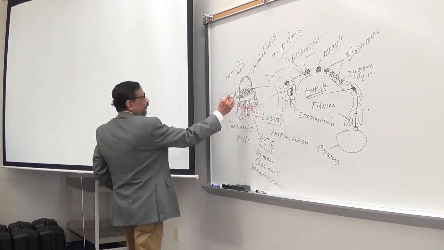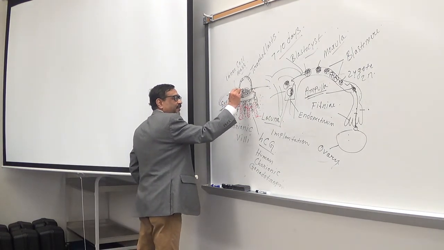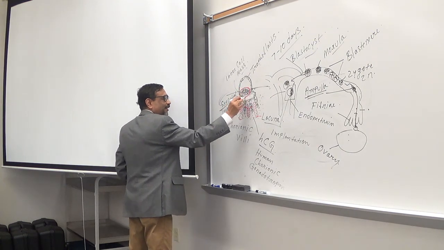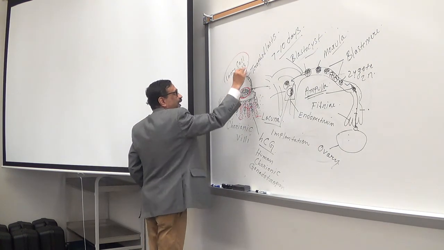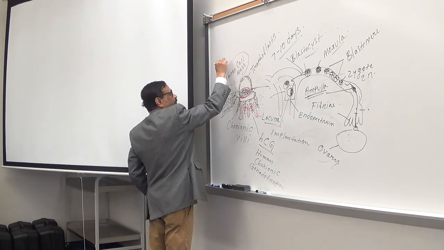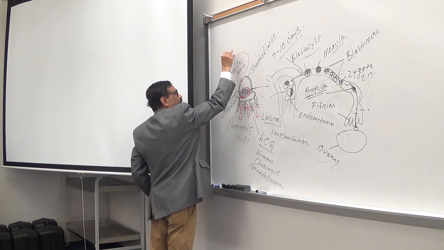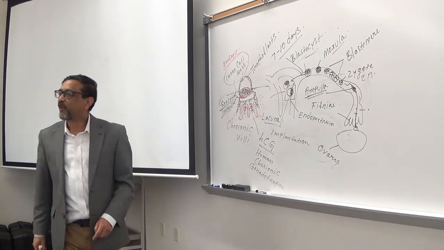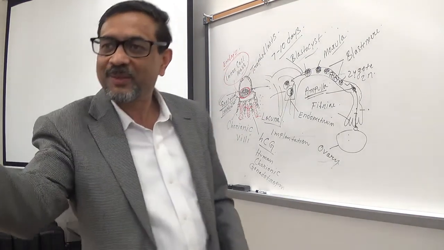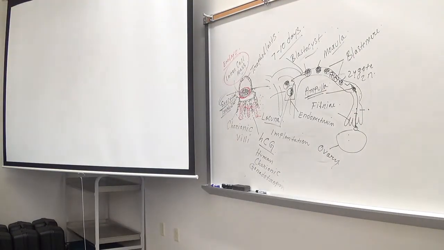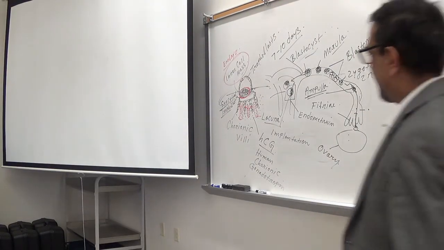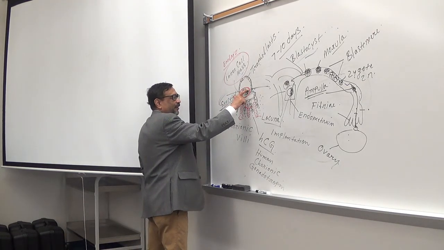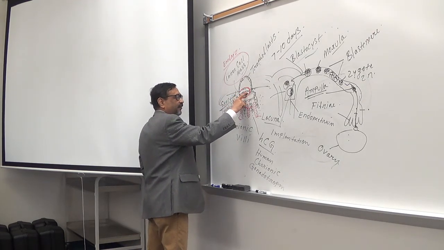Now, this is very important. Inner cell mass. This inner cell mass forms the embryo. That is the most important thing, right? So the embryo is formed by that inner cell mass. The last thing, the inner cell mass forms 3 layers here.